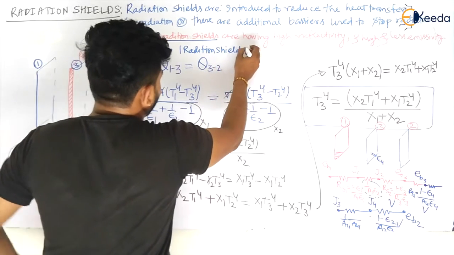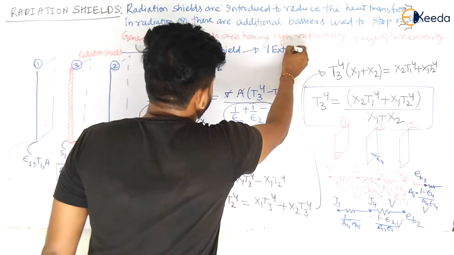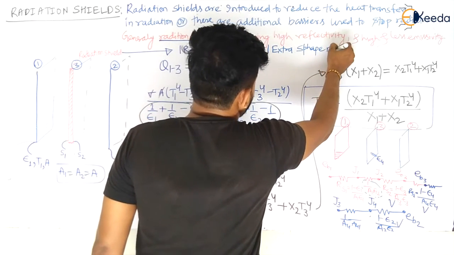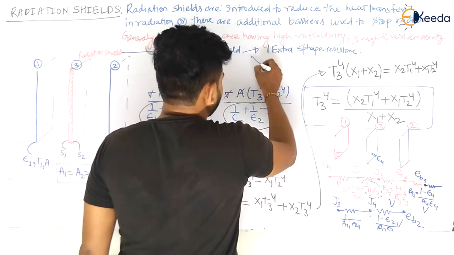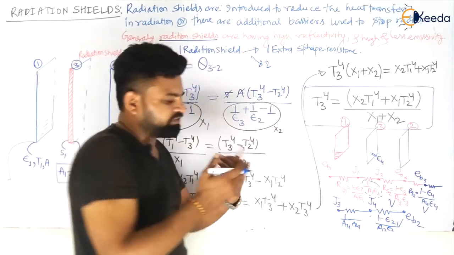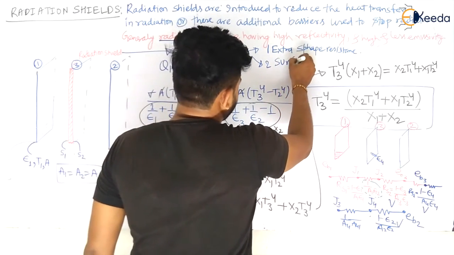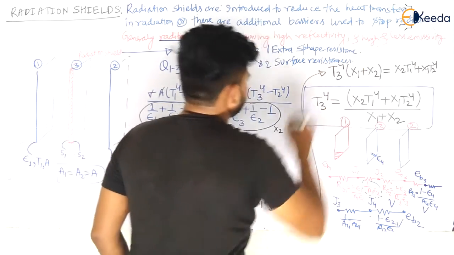The shield will bring one extra space resistance, and we can say two extra surface resistances, because there will be two surfaces now, this side and this side, my dear students.